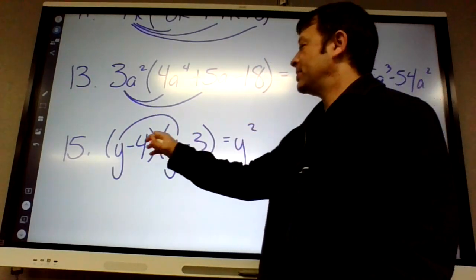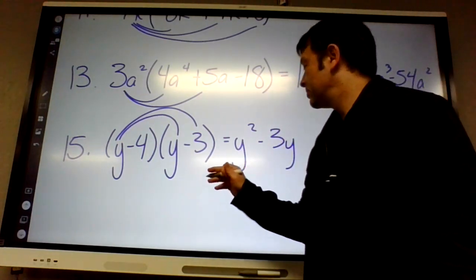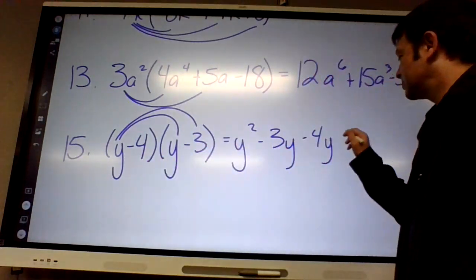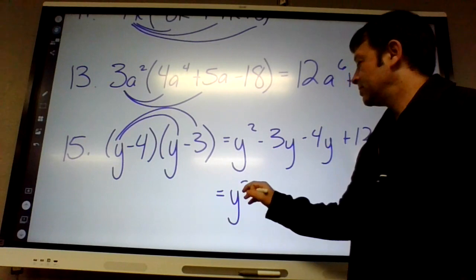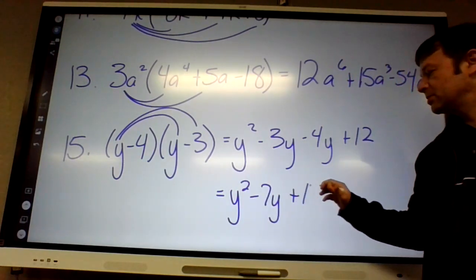And then the outside, and then the inside, negative 4y. And last, positive 12. And the final answer: y squared, negative 7y plus 12.